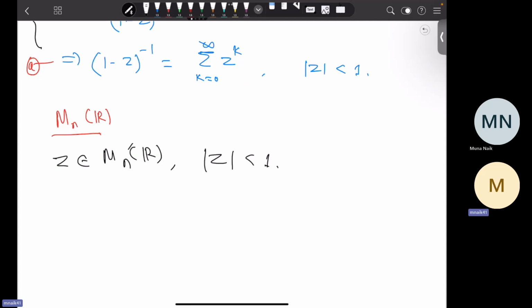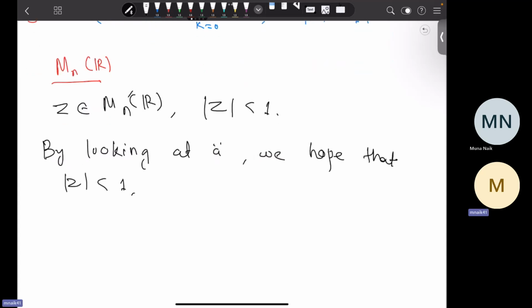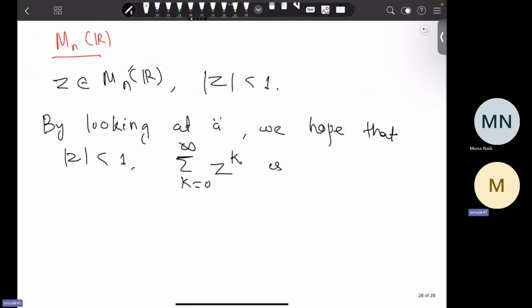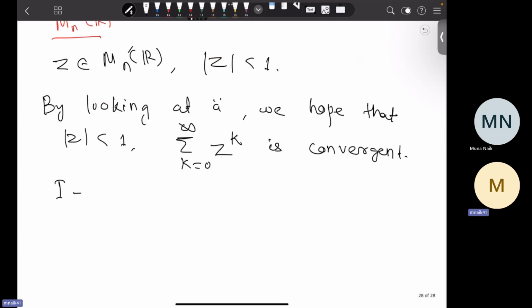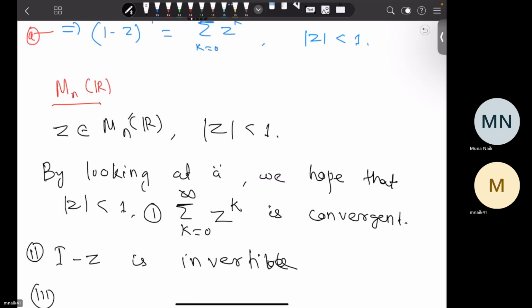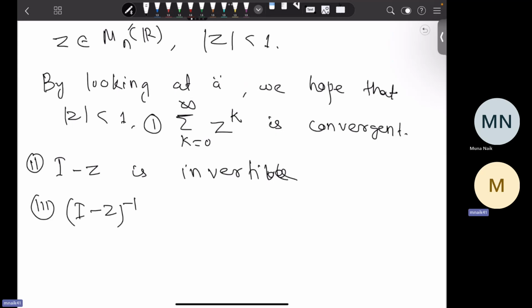By looking at A, we hope that if norm Z is less than 1, this series, K equal to 0 to infinity Z to the power K, is convergent, I minus Z is invertible, and third thing is I minus Z inverse is nothing but the series.